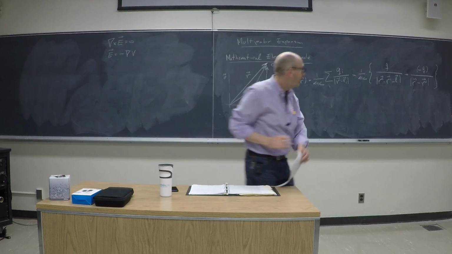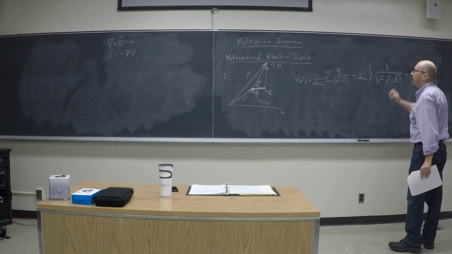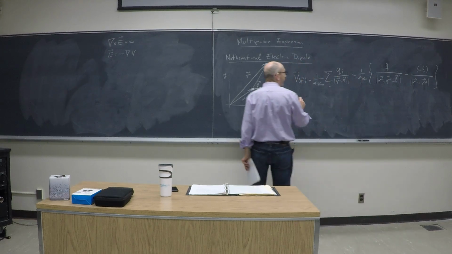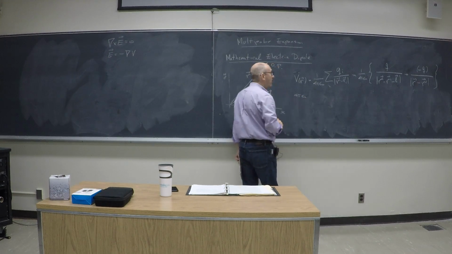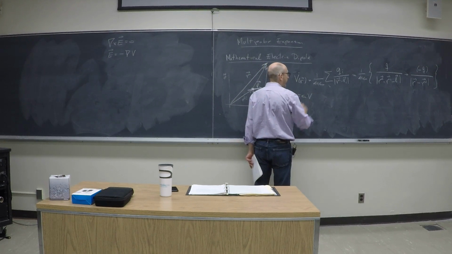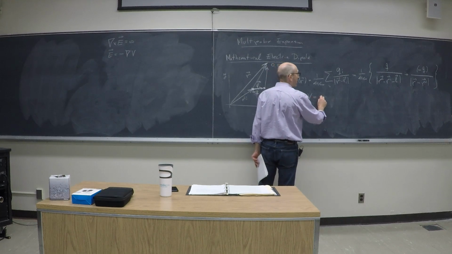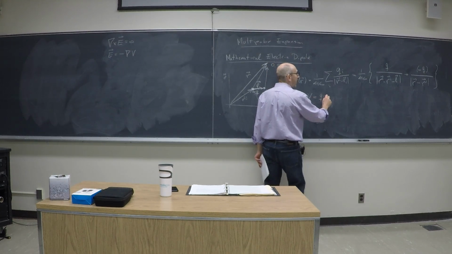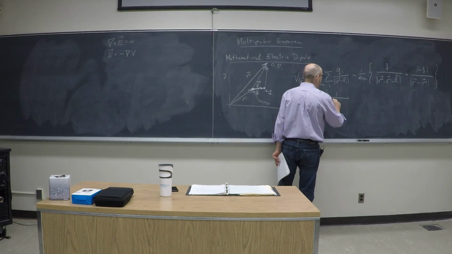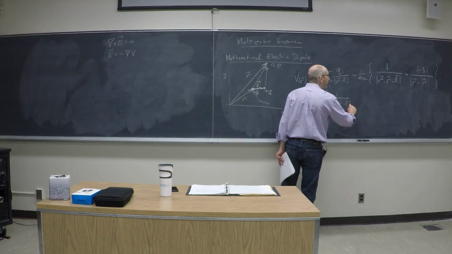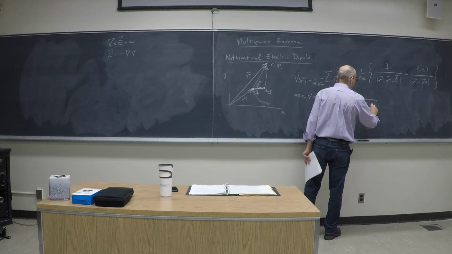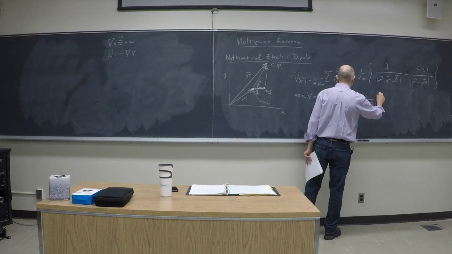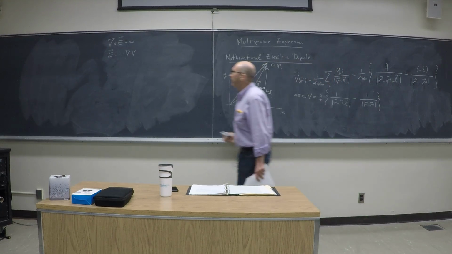So let's clean this a little bit, and let's write it like this. We have 4 pi epsilon 0 times V equals Q times 1 over the absolute value of R minus R prime minus L, minus 1 over R minus R prime.